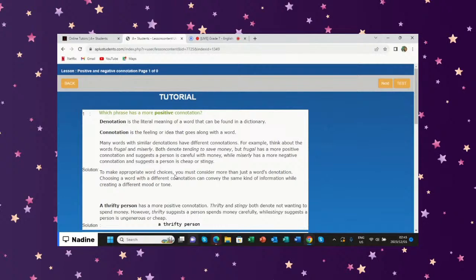However, thrifty suggests a person that spends money carefully, whereas stingy suggests a person is ungenerous or basically just cheap. So the positive connotation is thrifty, whereas the negative connotation is the word stingy.